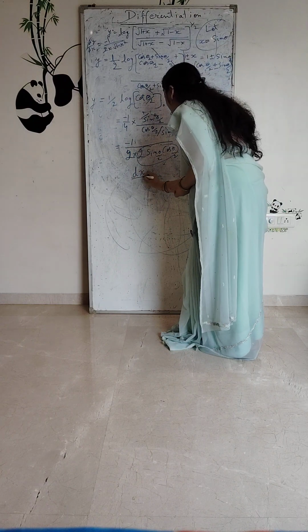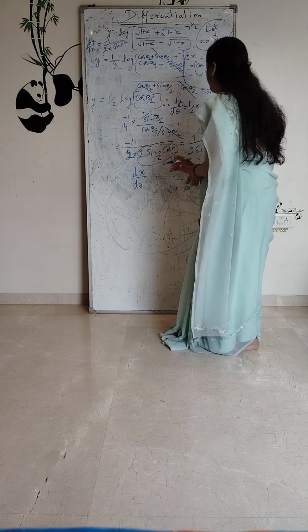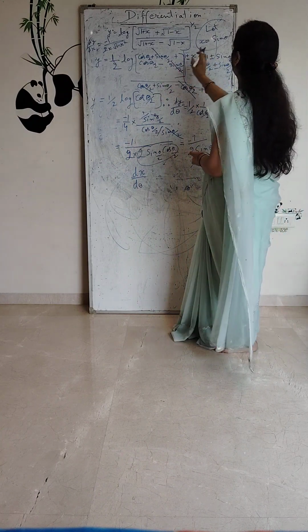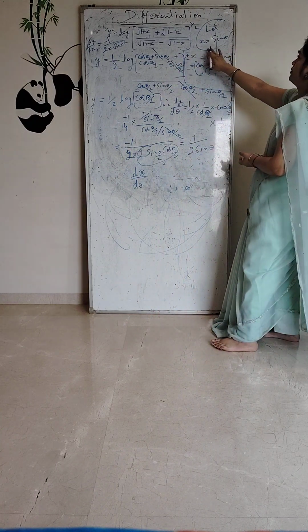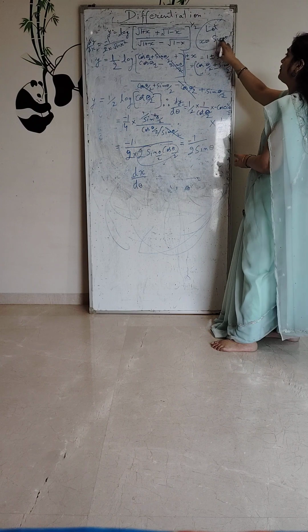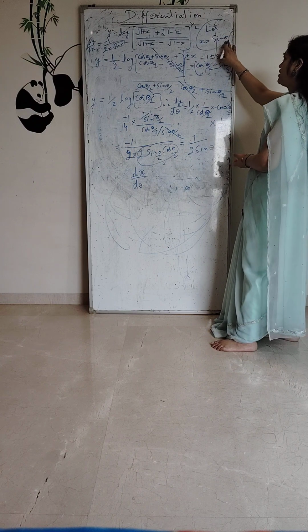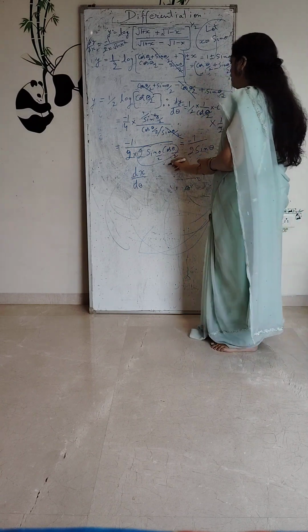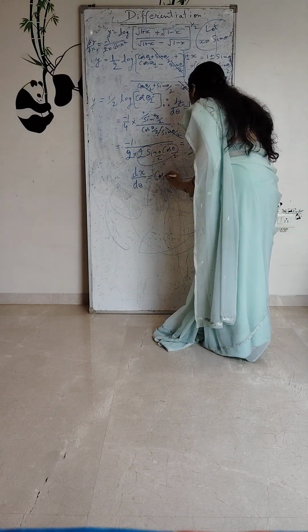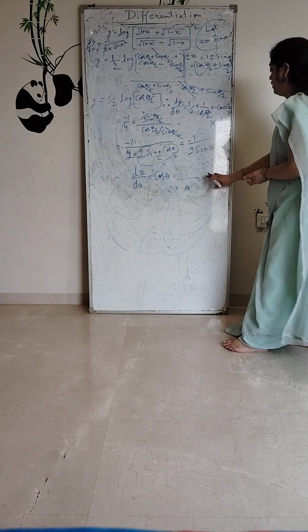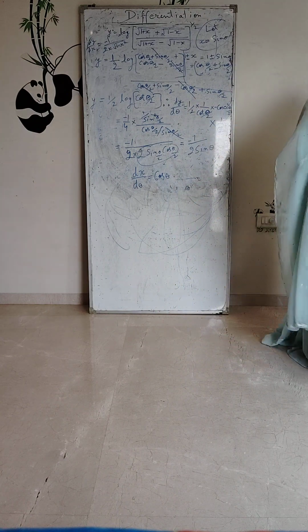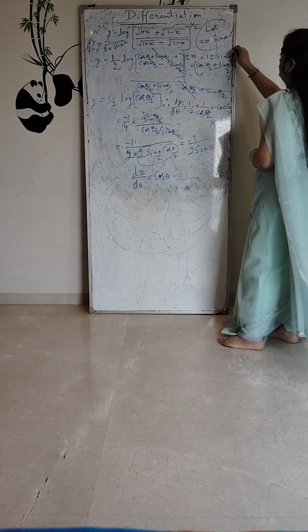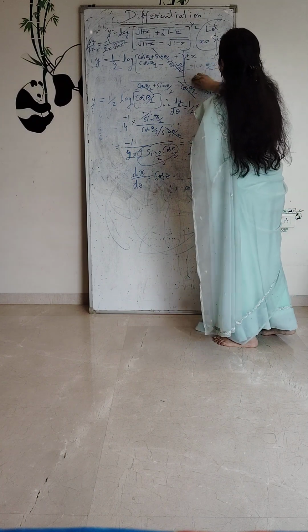And dx by d theta: x is sin theta, so dx by d theta is the differentiation of sin theta with respect to theta, which will be cos theta.